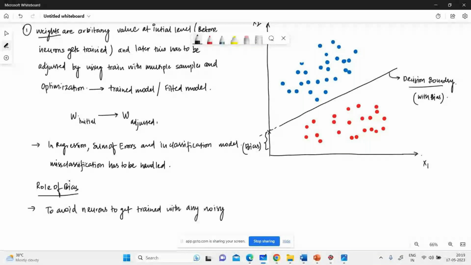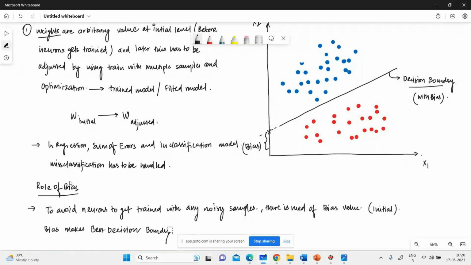There is a need of a bias value, which is also called your initial value. Bias makes the best decision boundary. Bias is given by B naught dot W naught.